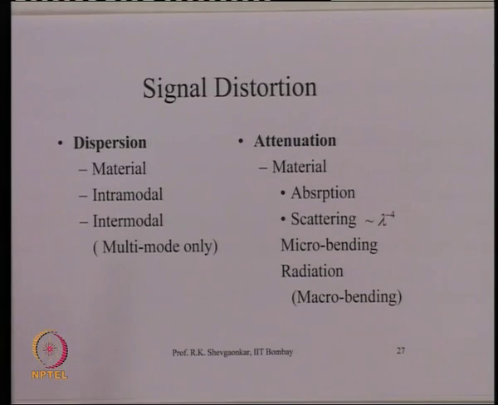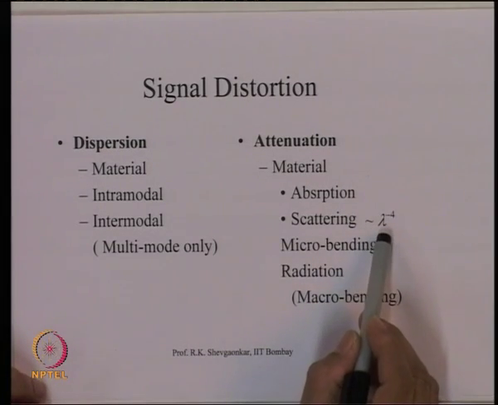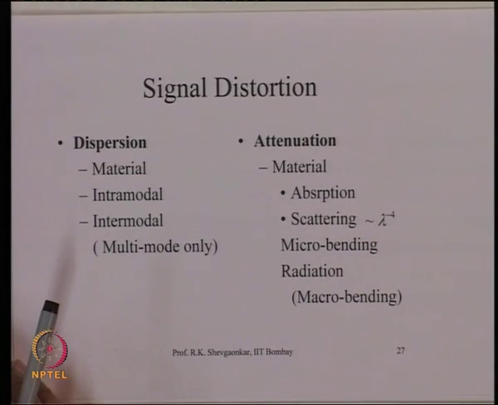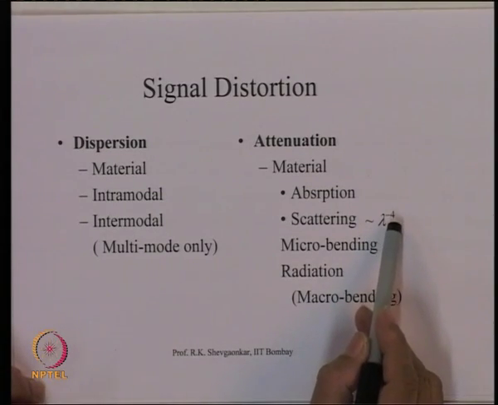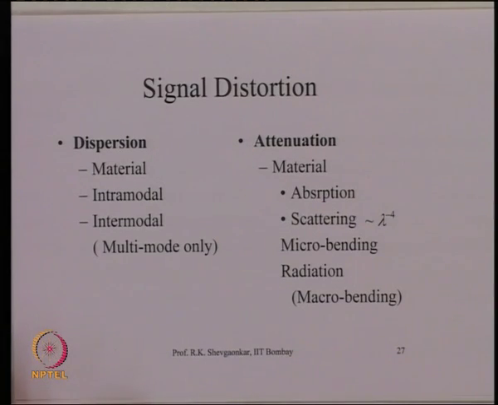And these micro centers have a scale size typically of the order of wavelength or smaller than that. So, you get a scattering of light which has a very strong variation as a function of wavelength. It goes as lambda to the power minus 4. So, even if you take a good fiber without putting this fiber into a system, just the fiber itself will have losses because of absorption and because of scattering of light.